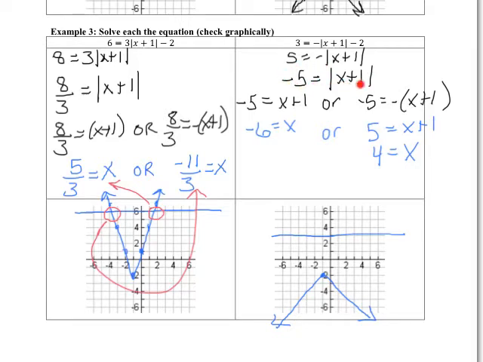Taking a look at this step right here, we're saying the absolute value of something equals a negative answer. And this never happens, because the absolute value actually gives us the positive result. So this work here we could not even do, because this will never happen. So at that point we should have written no solution.